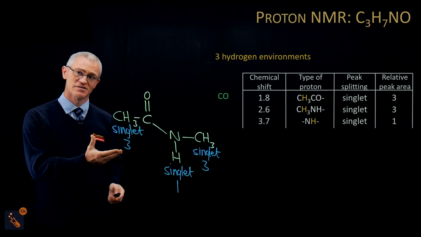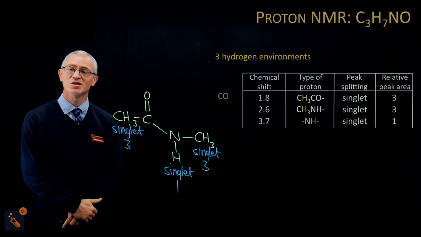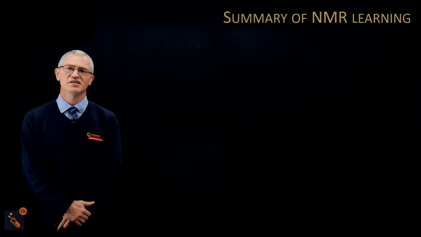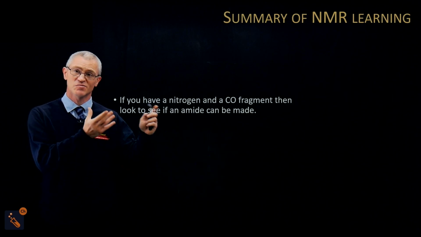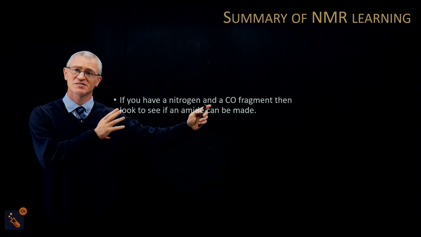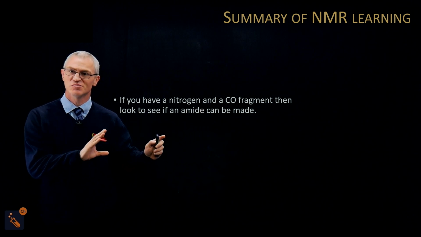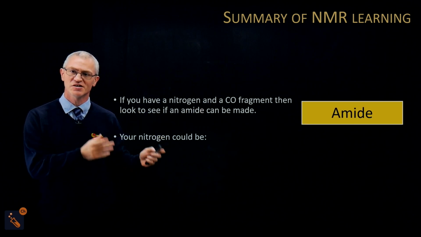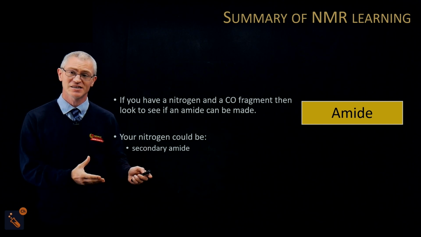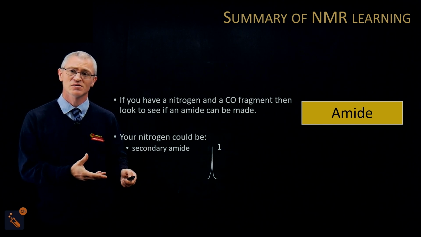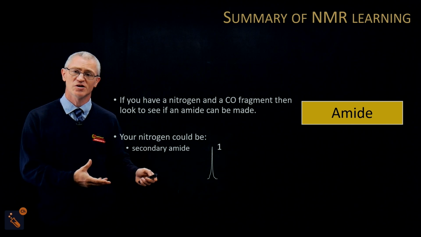Anyway, this is how to determine an amide, and in this case, N-methylethanamide. In this NMR, we've looked for an amide, and we've seen an amide. If you have a nitrogen and a CO fragment, then you should be looking for an amide. Now, your nitrogen could be in a secondary amide, or it could be a primary amide.